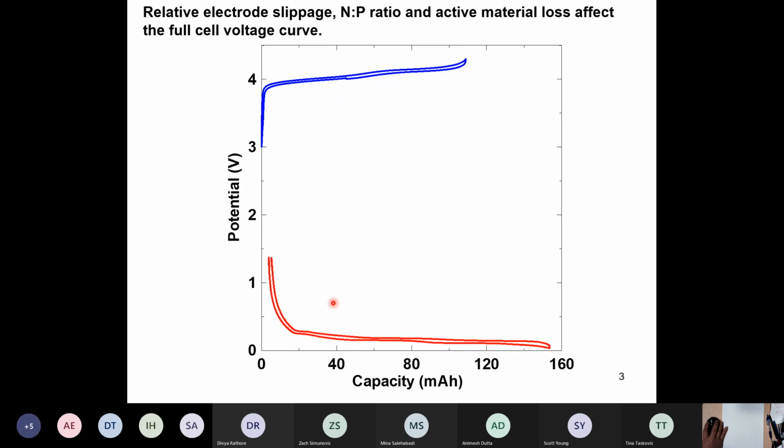If you had more negative electrode in the cell, this is a larger N to P ratio, and a smaller relative shift between the electrodes, then the full cell capacity would be larger. And the full cell voltage curve will look different.